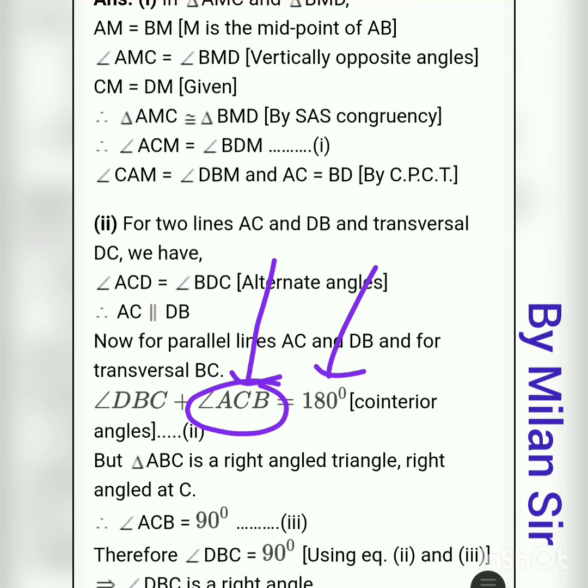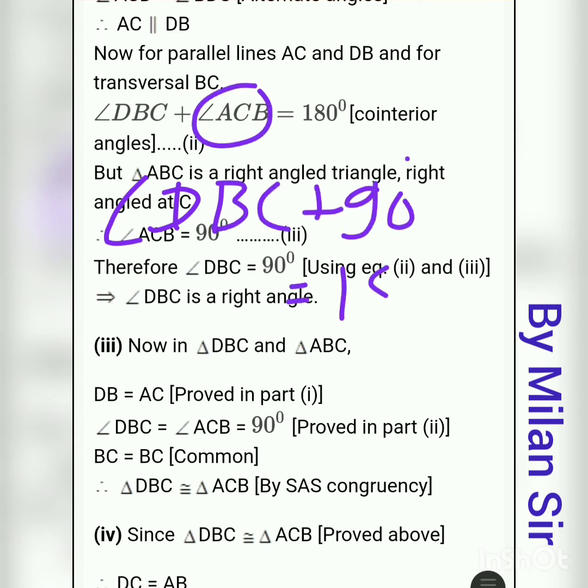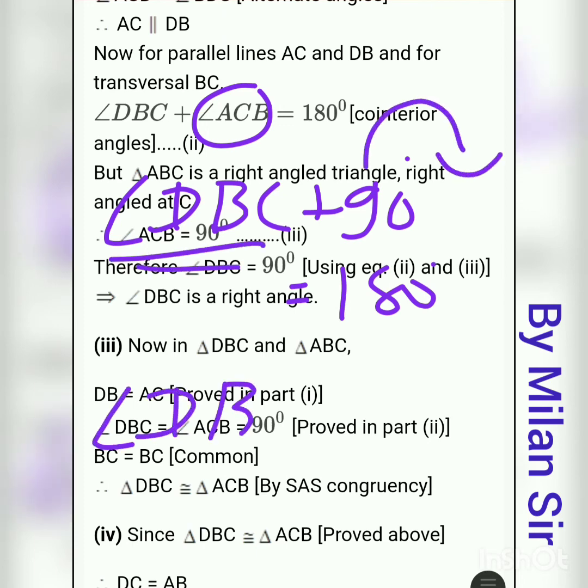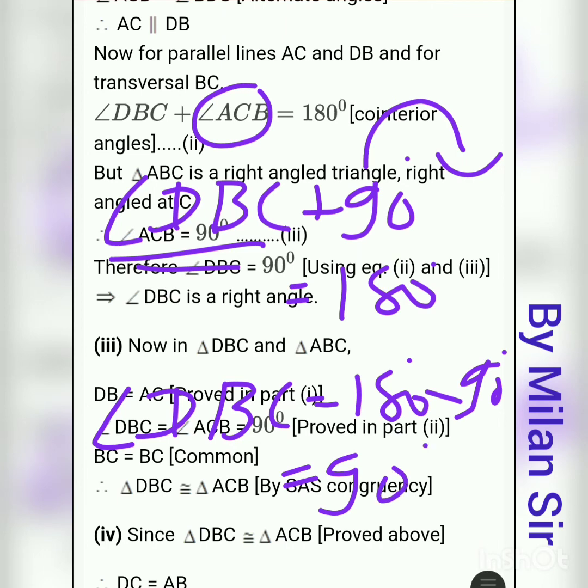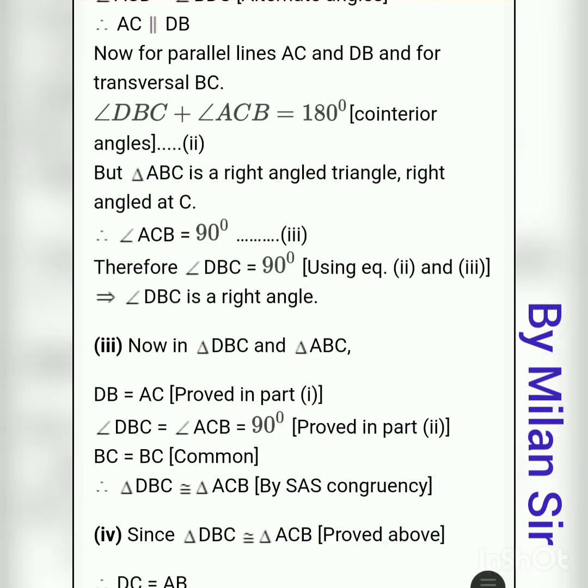So put this value here. Angle DBC plus 90 is equal to 180. Now to find angle DBC, transfer this 90 to the right hand side. So angle DBC is equal to 180 minus 90, which is 90 degrees. So angle DBC is equal to 90 degrees.